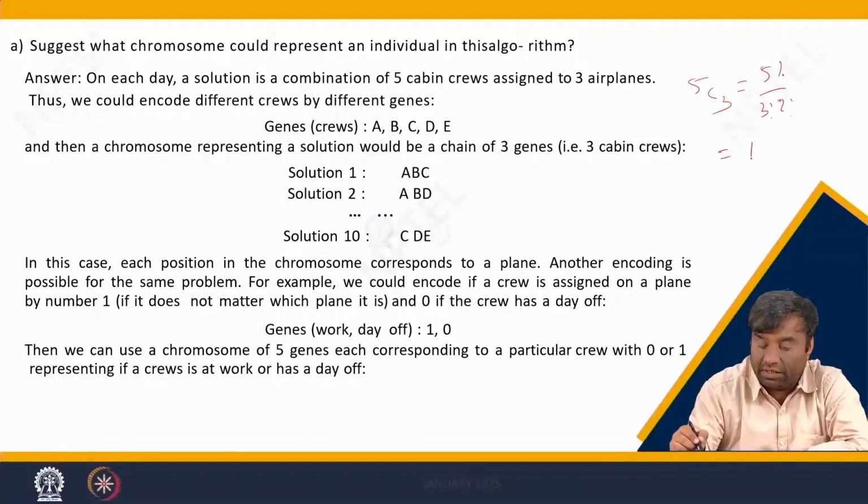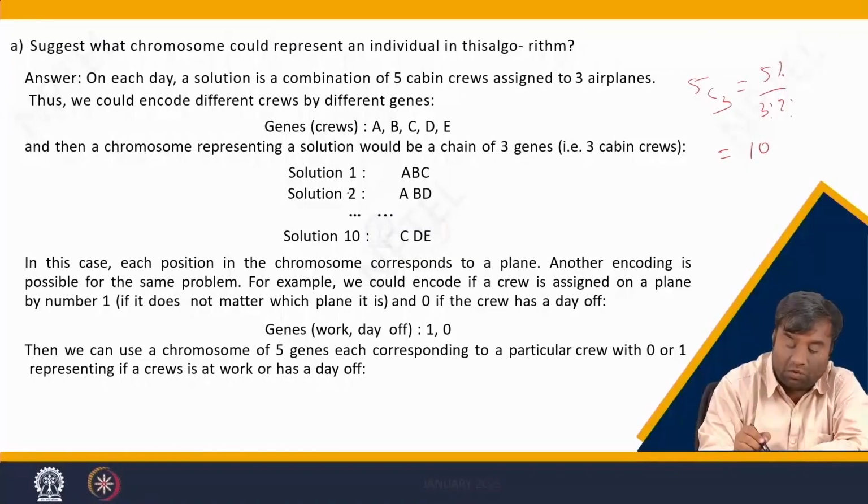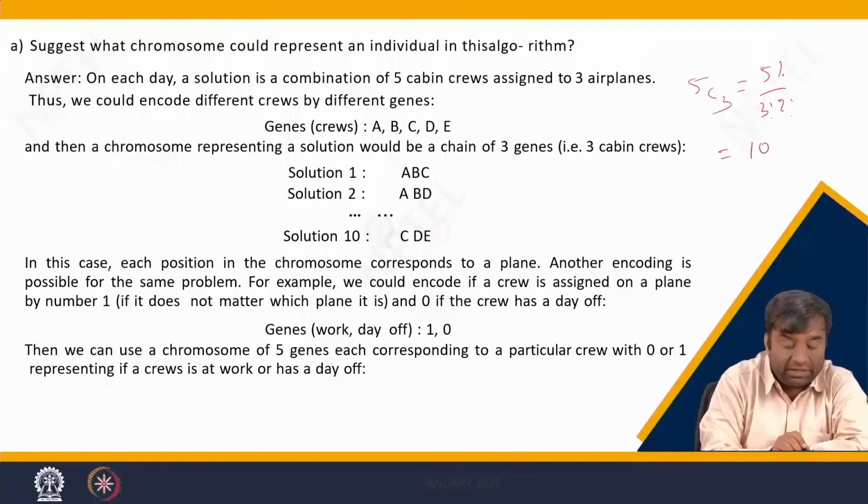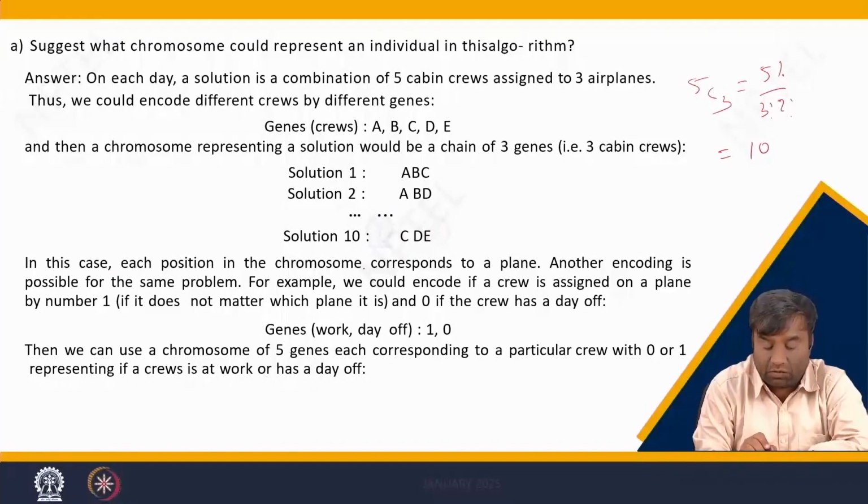So you get 10 solutions, solution 1, 2, 3, 4 up to 10. Solution 1 is A, B, C, and that is a chromosome. The second is ABD, the third is CDE. In this case, each position in the chromosome corresponds to a plane.